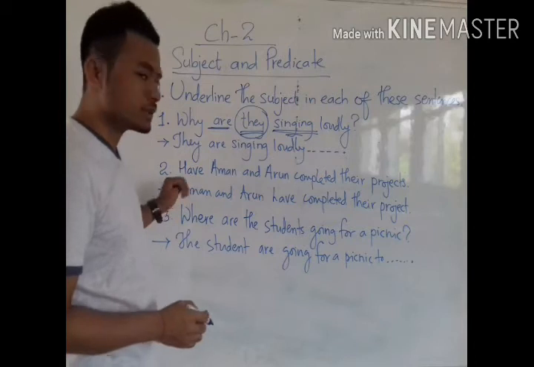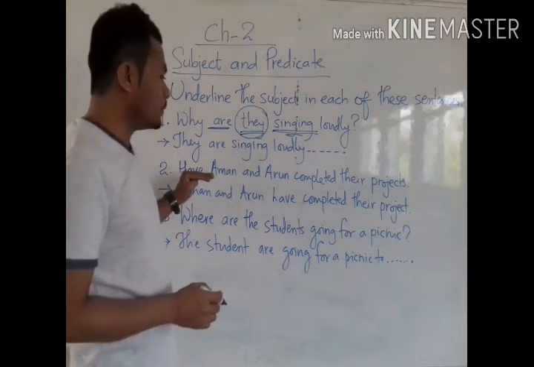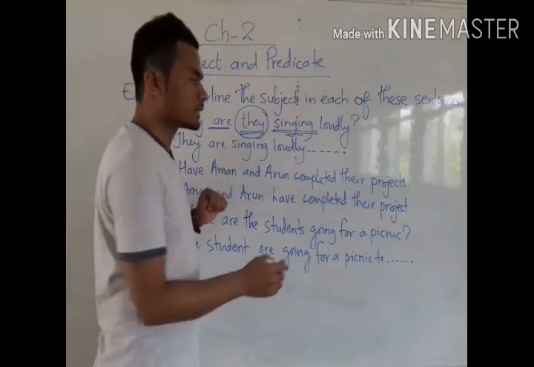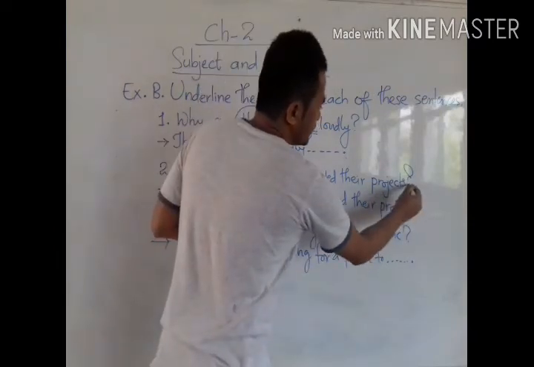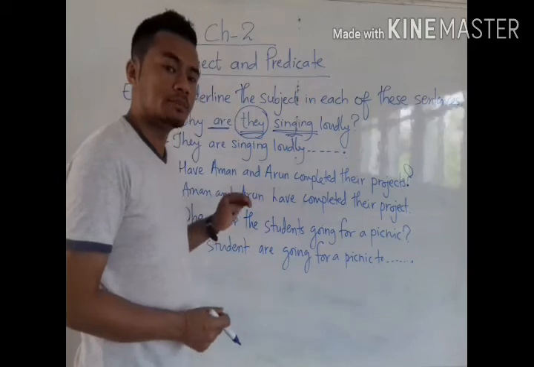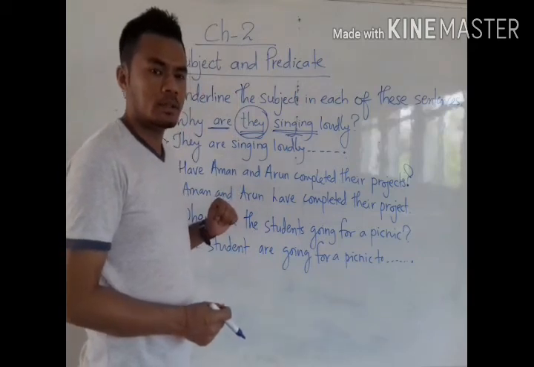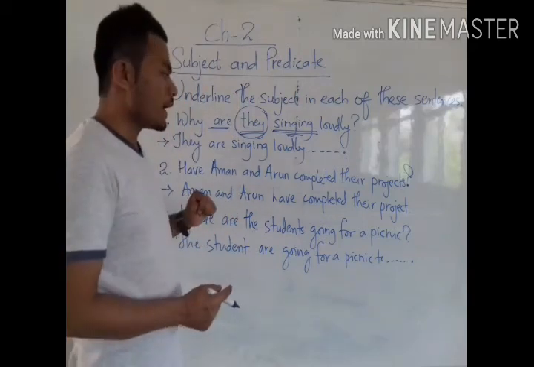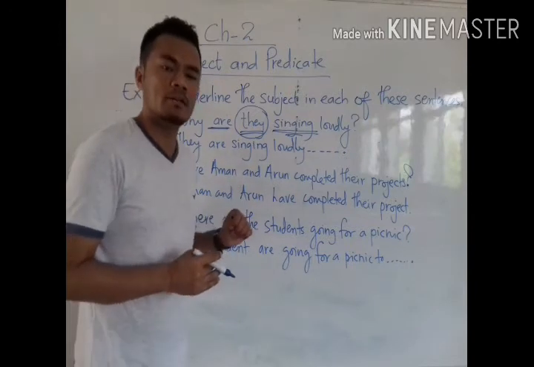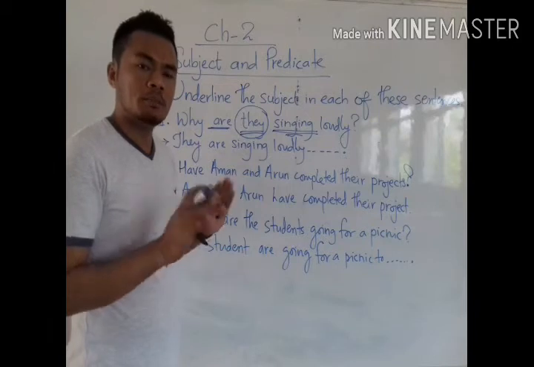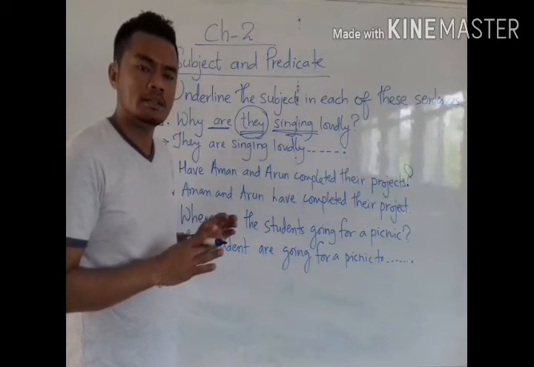Now see, next question. Have Aman and Arun completed their projects? So this is verbal question. I told you in verbal questions also, if you find the helping verb and main verb, in between helping verb and main verb we will find the subject.